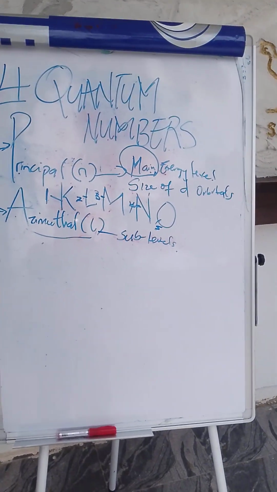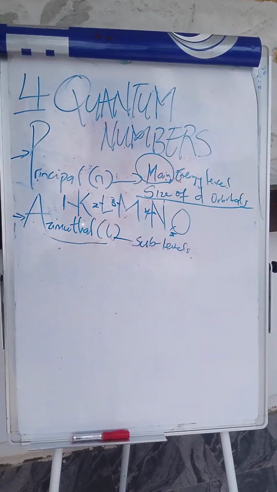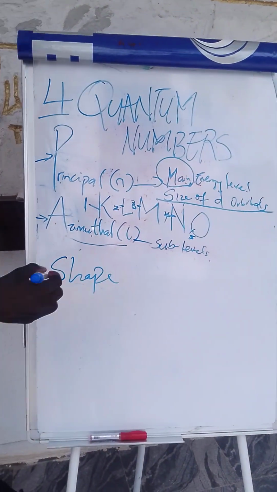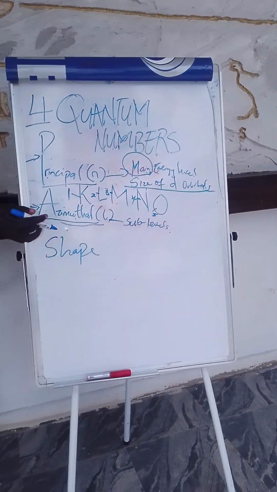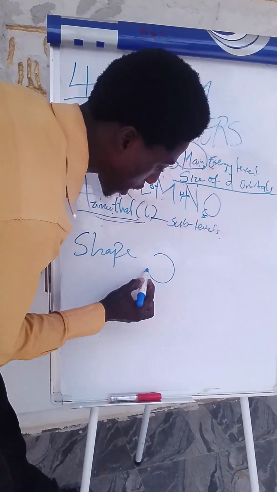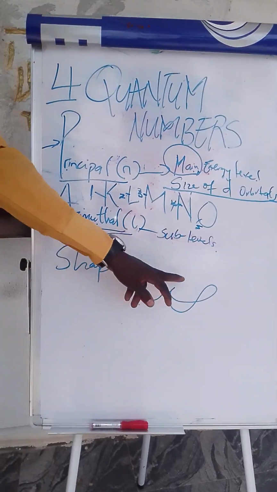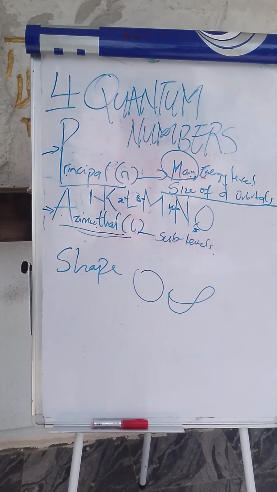The principal determines the size of the orbitals, please don't forget. But the azimuthal determines the shape, whether spherical or dumbbell. So the azimuthal helps us describe the shape.